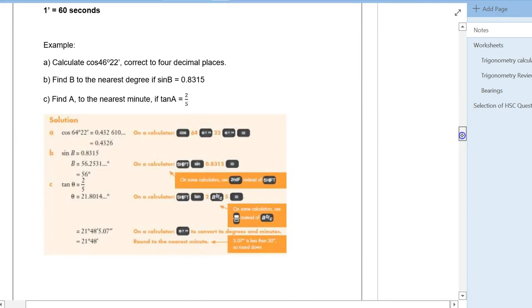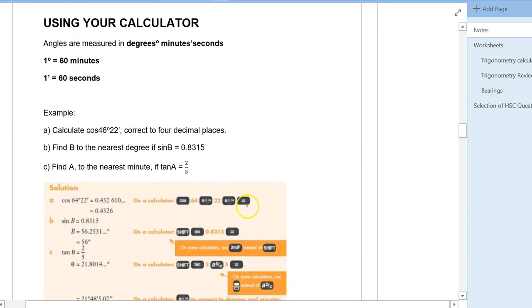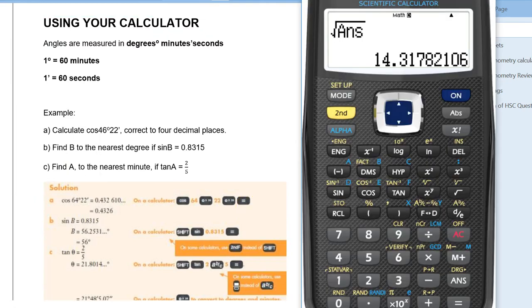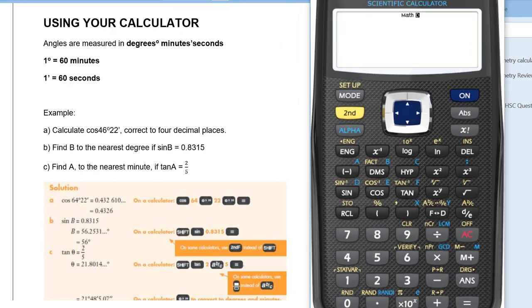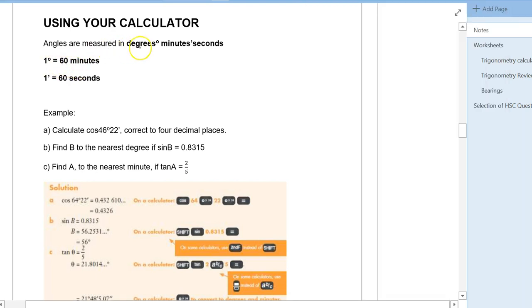Okay, we're just going to talk about using your calculator. I'll bring mine up. You'll be getting one like this, so I'll use this one. If I want to put in degrees and minutes, don't forget 1 degree is 60 minutes and 1 minute is 60 seconds as well.